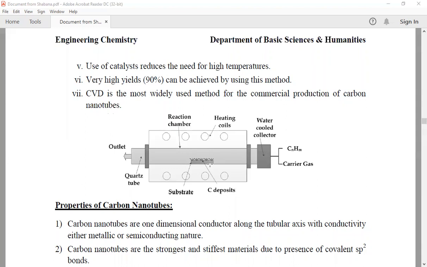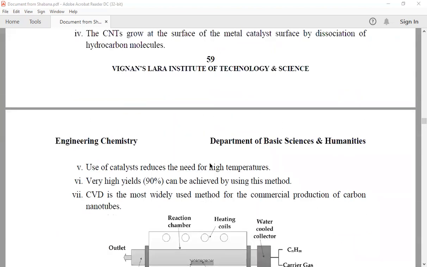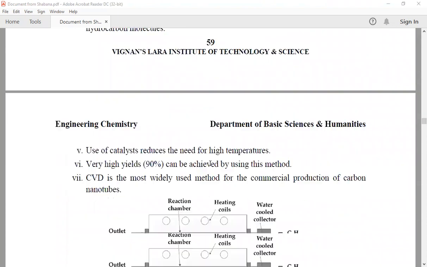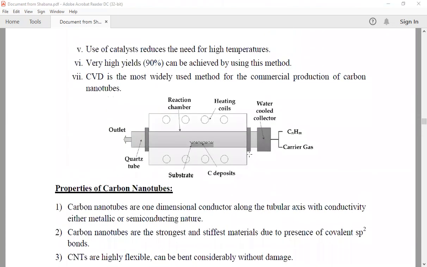The use of the catalyst reduces the need for high temperature, and the yield that can be achieved by this method is very high, that is, 90% yield is obtained. The chemical vapor deposition method is the most widely used for commercial production of carbon nanotubes.